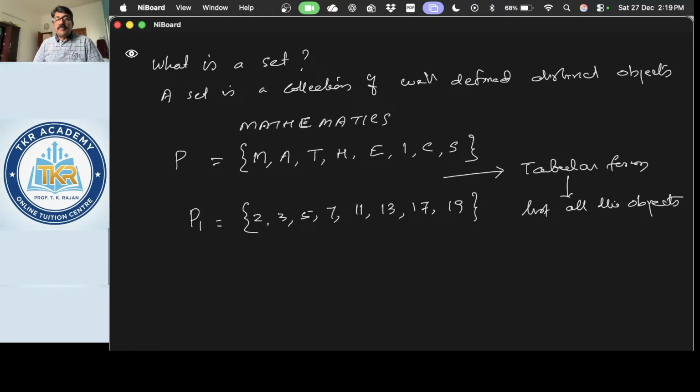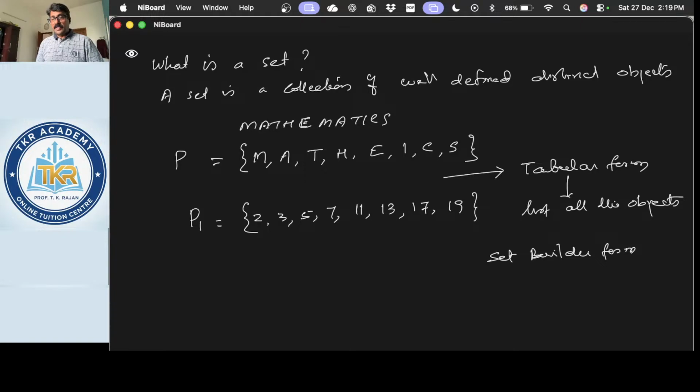And another form of writing a set is set builder form. Now why do we go for set builder form? Especially suppose there are infinitely many elements in a collection. We may not be able to write all the elements in the set.